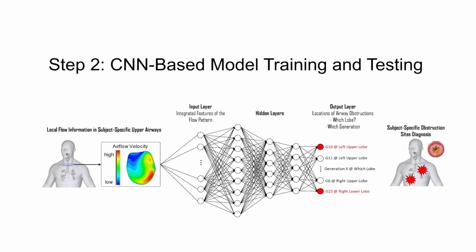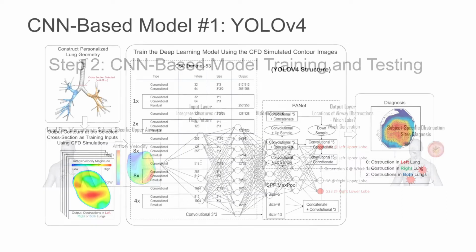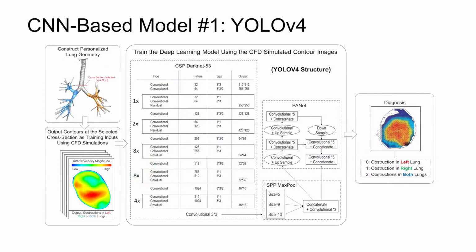After we have everything, the database is ready. The second step is the training and testing of the CNN, the convolutional neural network based model. We chose two different CNN codes available online.